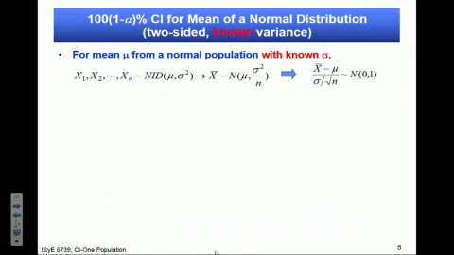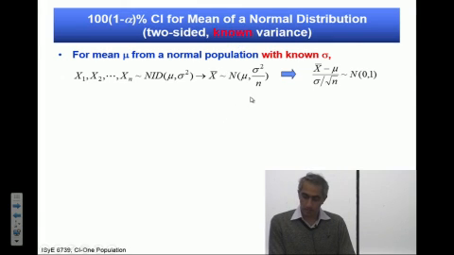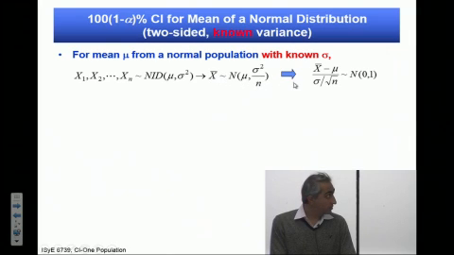We started with a simple case when we have a normal distribution and we want to find the 1 minus alpha % confidence interval for the mean of this normal population. Variance is known, so we know the value of variance. And we show that in this case, x bar follows a normal distribution with this mean and variance.